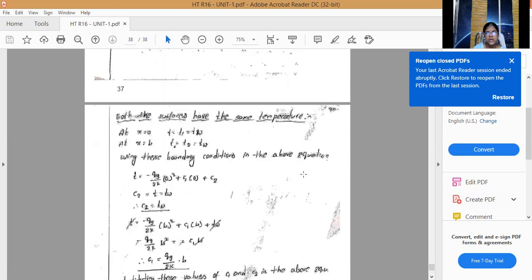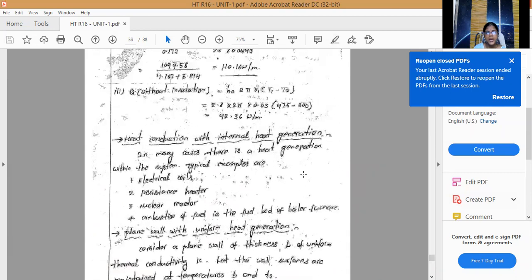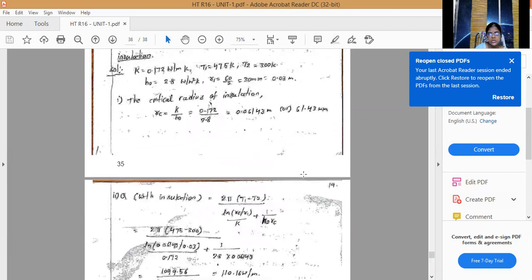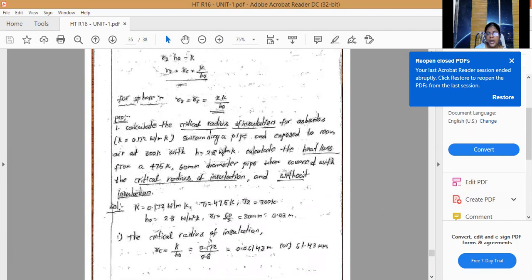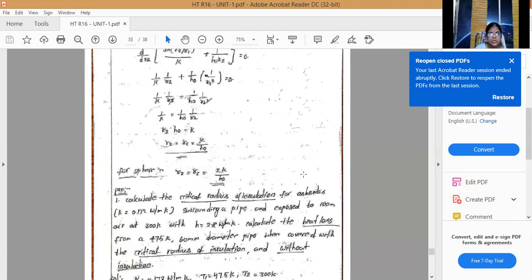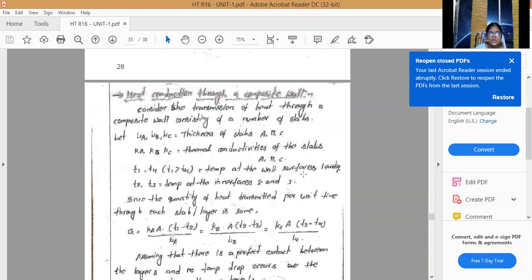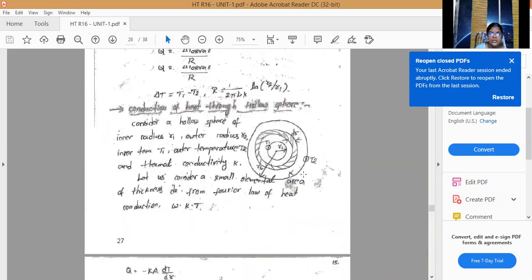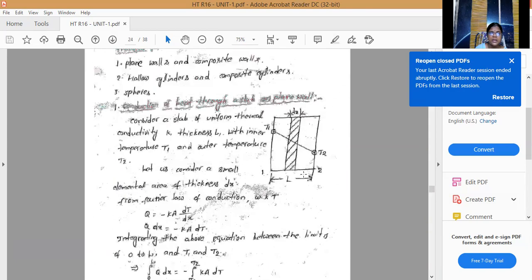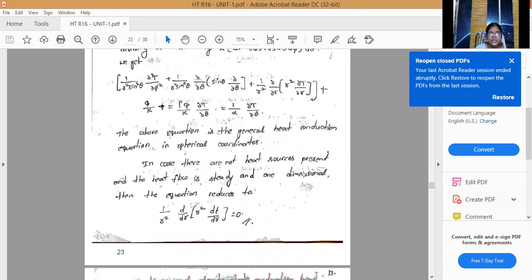So, plane wall with uniform heat generation and critical radius of insulation are both very important. Yesterday's class topic, initial boundary conditions, is also very important. Students, if you have any doubts, please ask me. This is the entire Unit 1 material, and I told everything in our class notes.